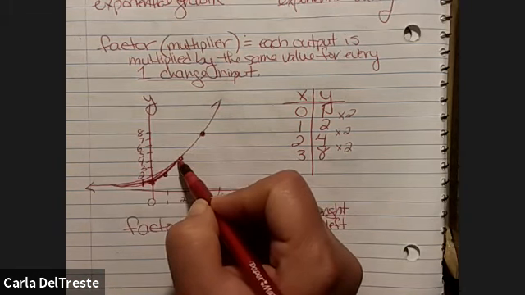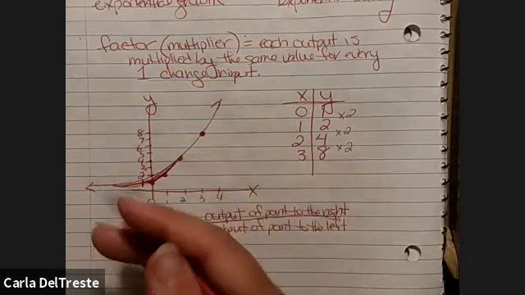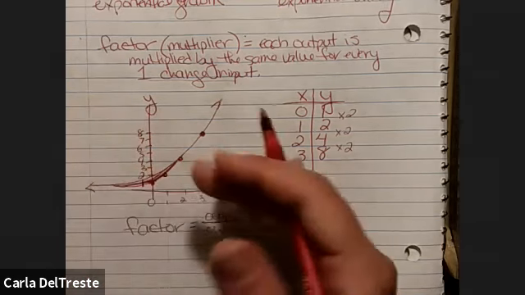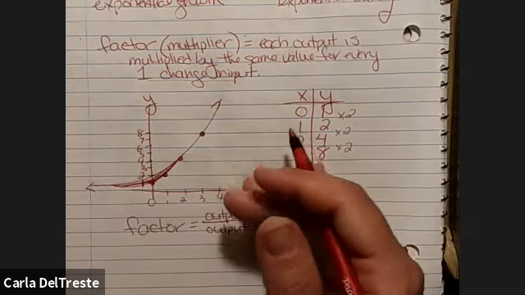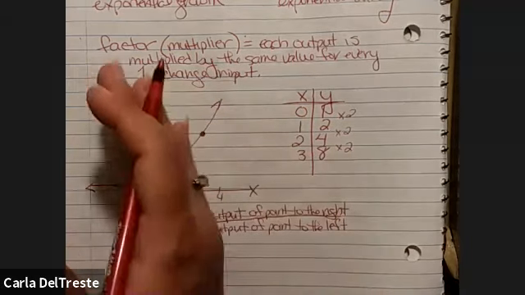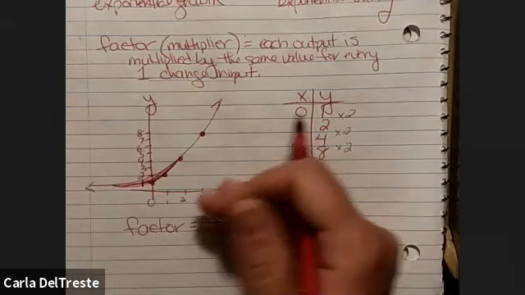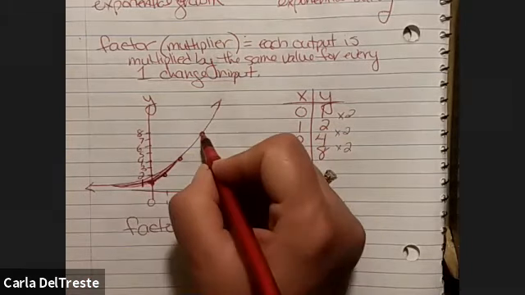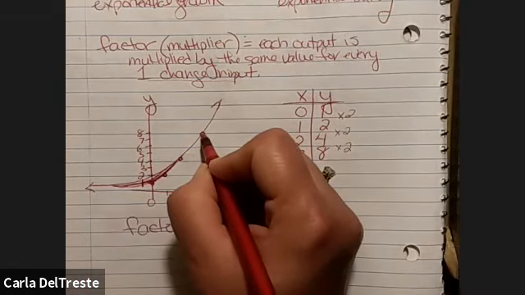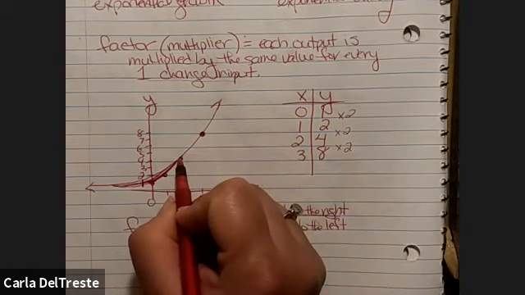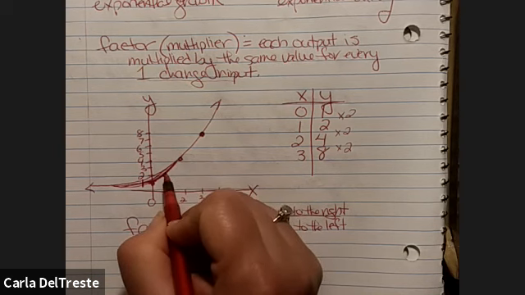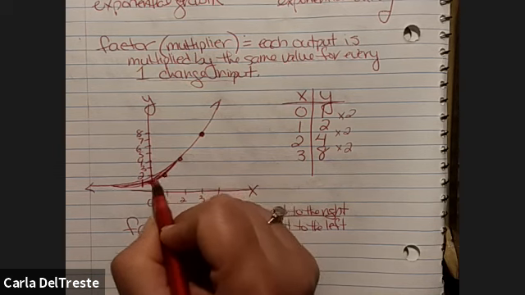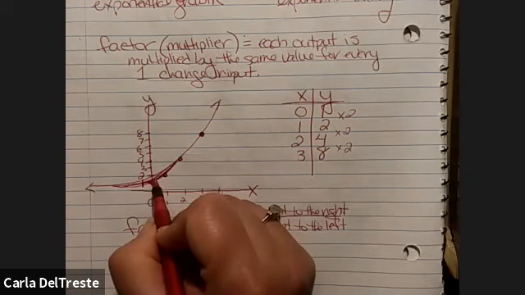Okay? For example, we know that 3 times 4 equals 12. So 12 divided by 4 equals 3. Okay, do you see we have to reverse the whole thing? So that's why we're reversing this. So I'm going to take 8 and divide it by 4. I'm going to get 2. I'm going to take 4 divided by 2. I'm going to get 2. 2 divided by 1 is 2.